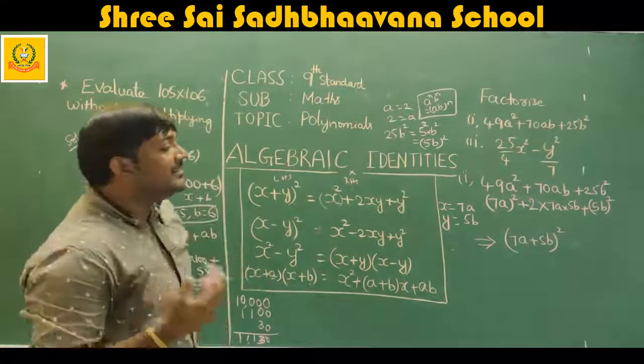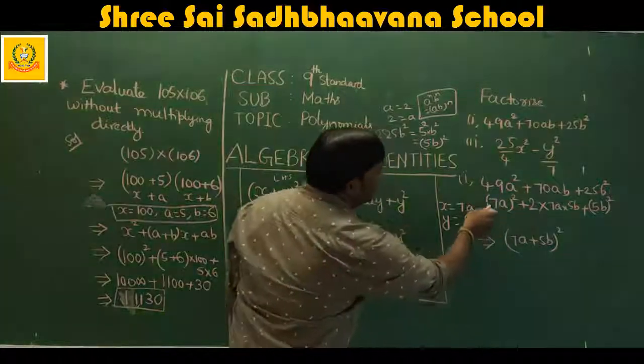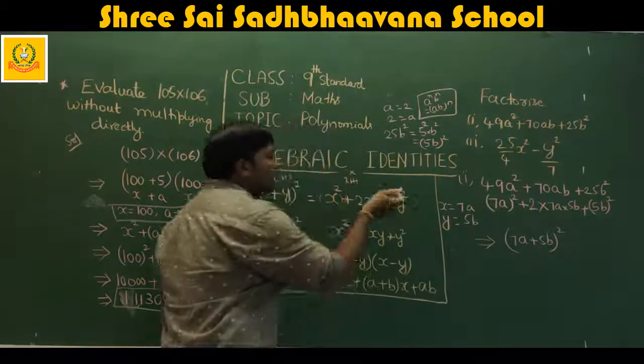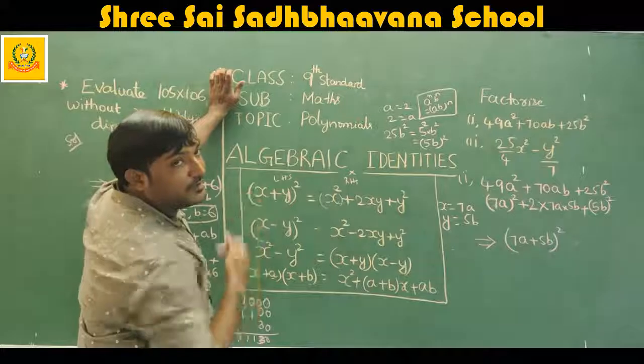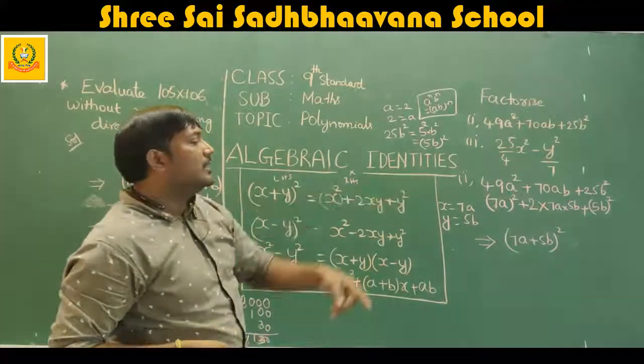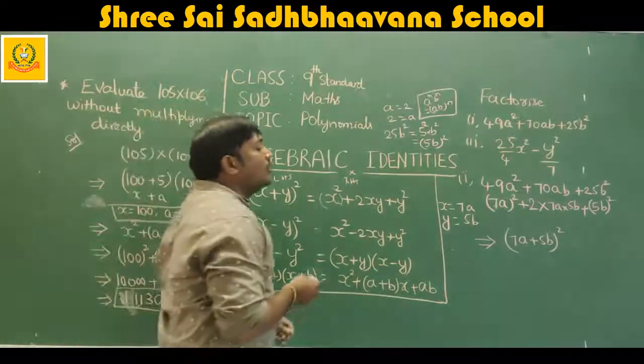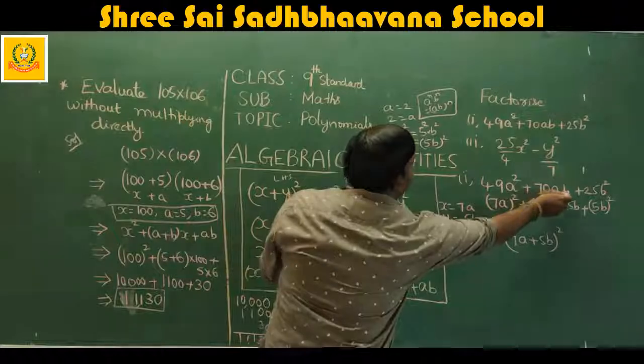Okay, so now this is in the form of x square plus y square. We wrote 7a whole square, that means we got the x value, the square is the same, x is 7a. Similarly, y square is 5b whole square, so y value is 5b. And obviously what is this 70ab?